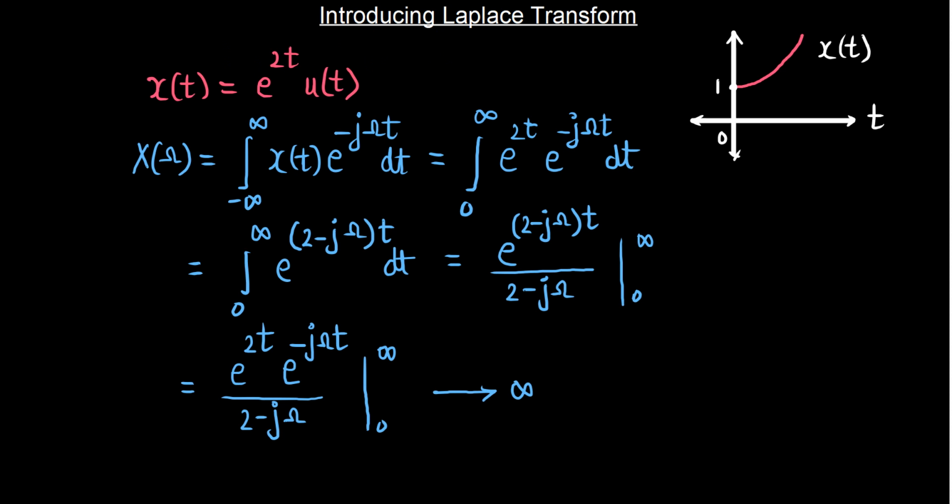I'm multiplying this original signal x of t, that is e power 2t u of t, by a factor such that the original signal is going to converge. Suppose we multiply this signal by a factor of, say, e power minus 3t.